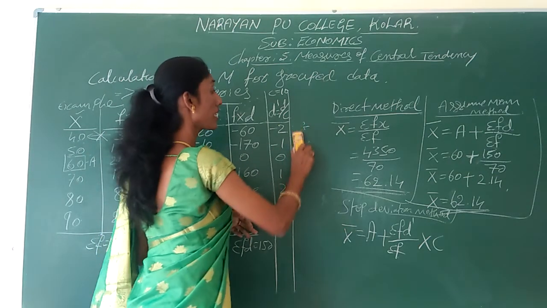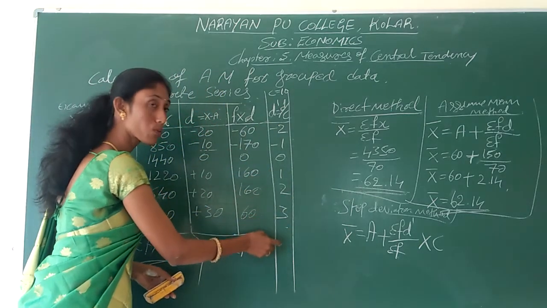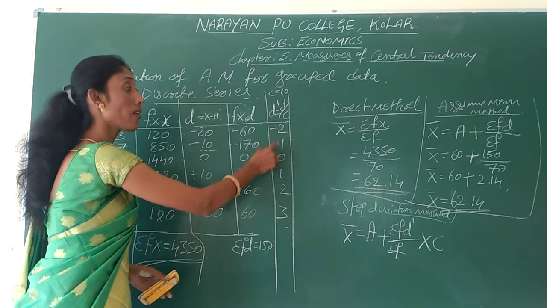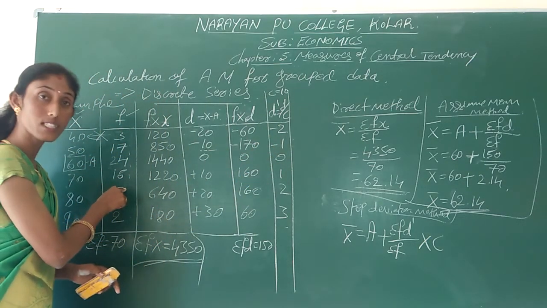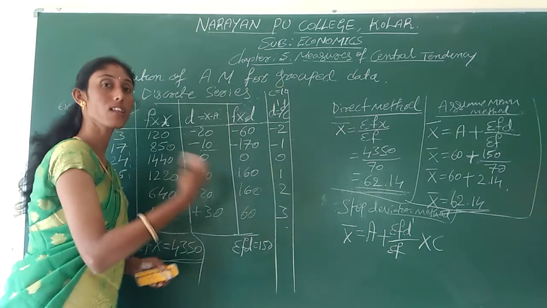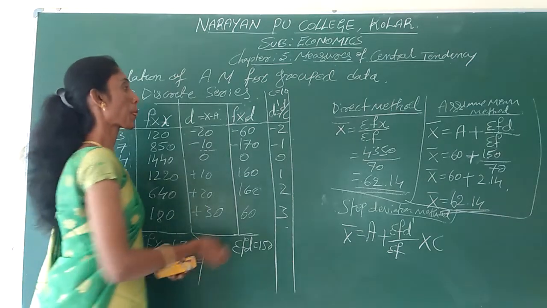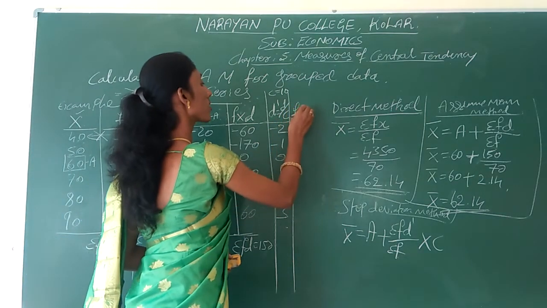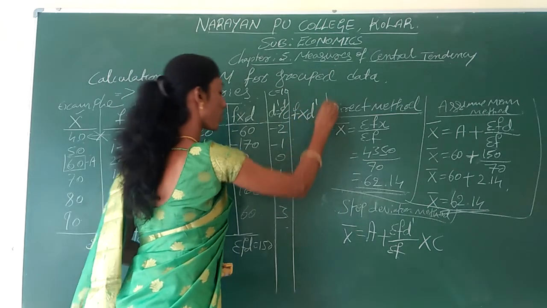Likewise, we got the d dot values. Now, whatever the d dot values we have, we should multiply with the frequencies. Why we use step deviation is for further simplification of the calculations. Got it? Now we are going to find out the frequencies into d dash.